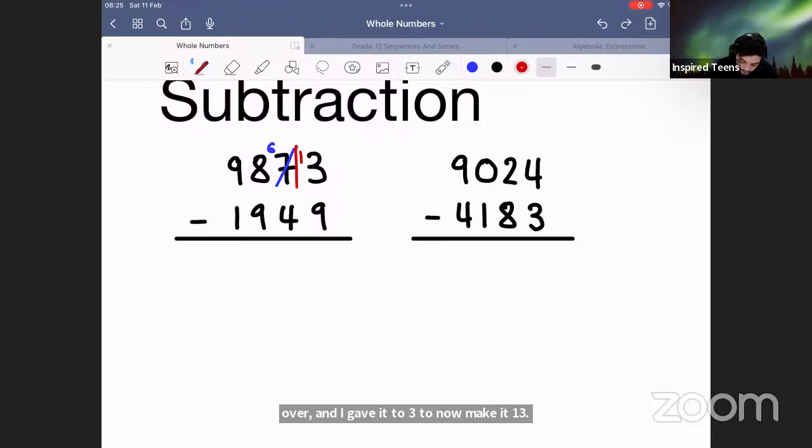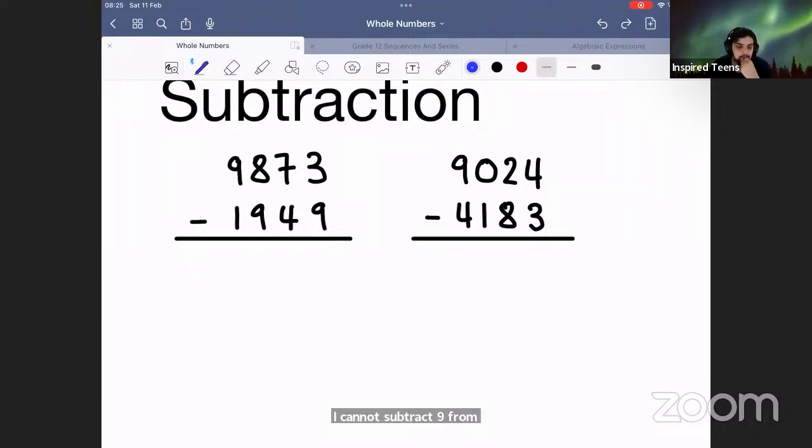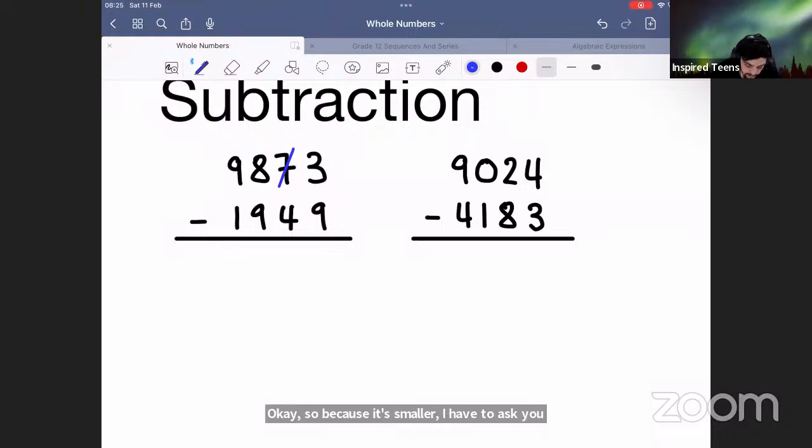Okay. So one more time, let's go through that again. I'm going to start off with the units and say the top number minus the bottom number. However, my top number is smaller, so I cannot subtract 9 from 3. Because it's smaller, I have to borrow a 10 from the 7. So I cancel out the 7, I make it 6, 1 less than 7.